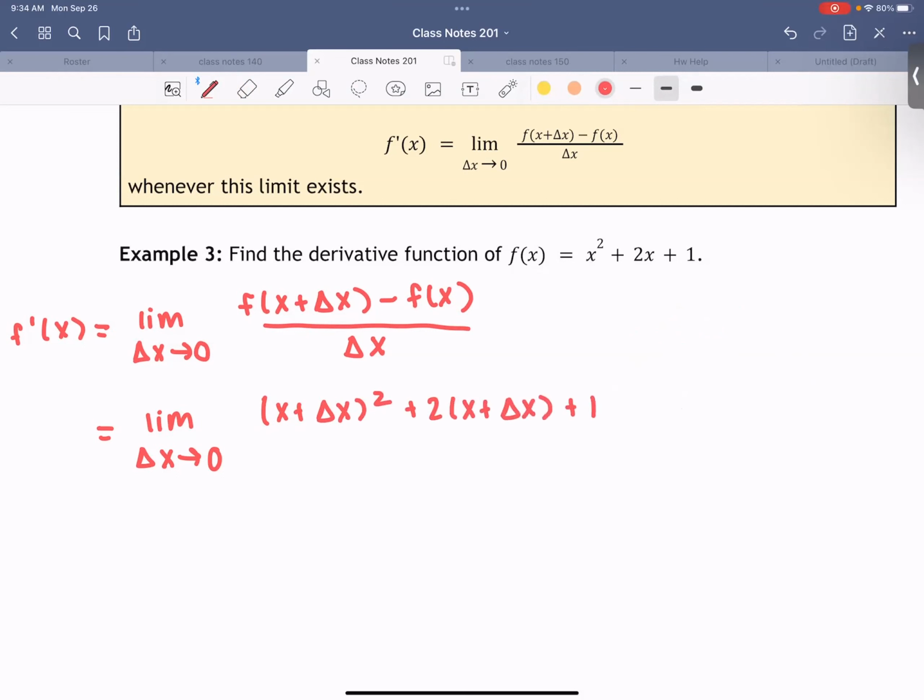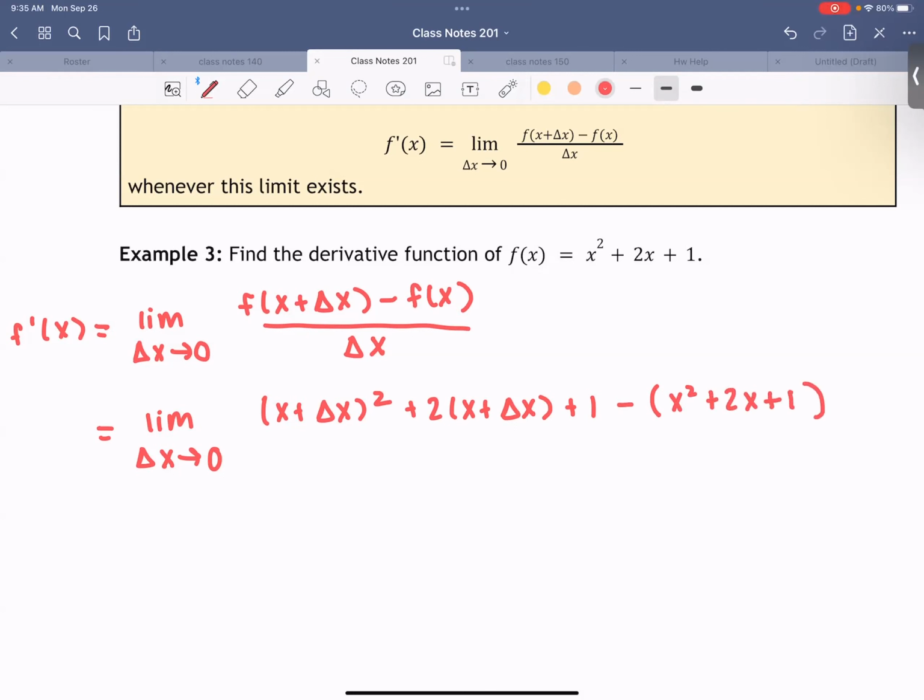Good. So f of x plus delta x is literally plugging in this weird thing instead of x. We're plugging in x plus delta x whenever we see an x. Does that make more sense? Nice. The second part says we're going to subtract off f of x. Well, f of x is easy because we literally have it up in the question. We're subtracting off x squared plus 2x plus 1.